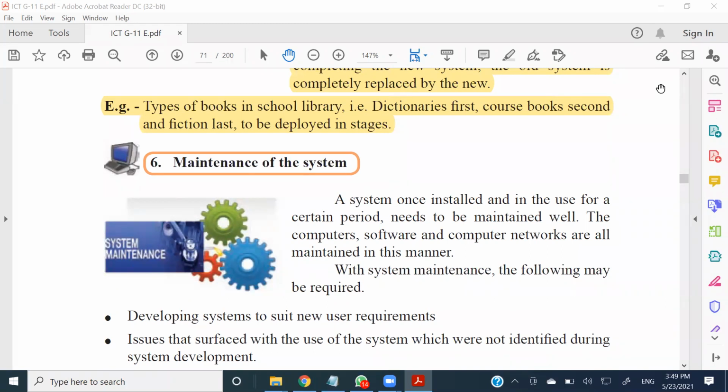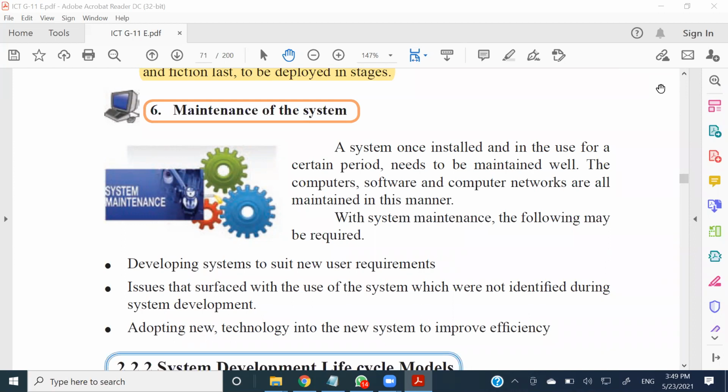So it's going to be carried out through the maintenance phase, because since that system has already been deployed, it means we are done with the developing. So those little parts which are requested to be developed are going to be handled through the maintenance phase, as well as any system upgrades, right?